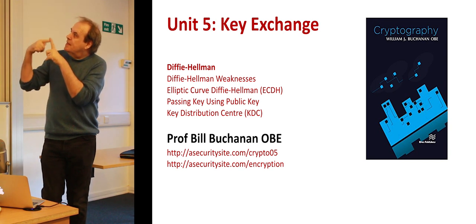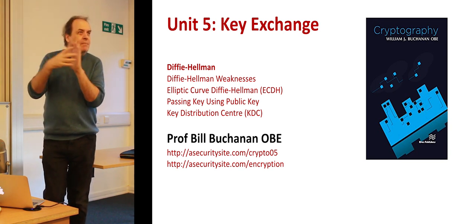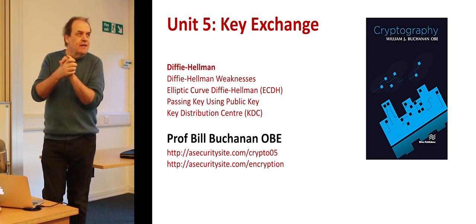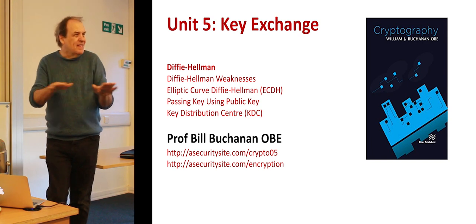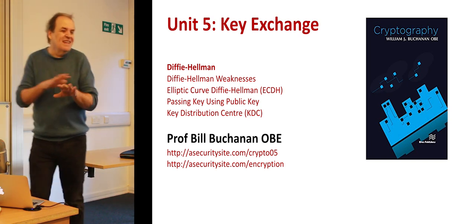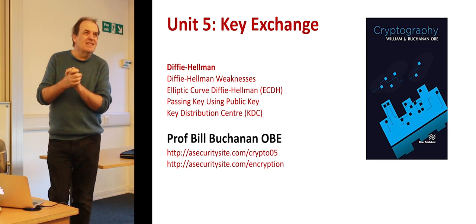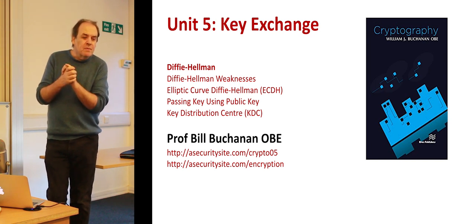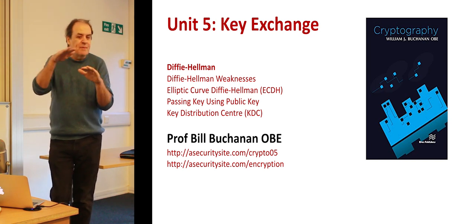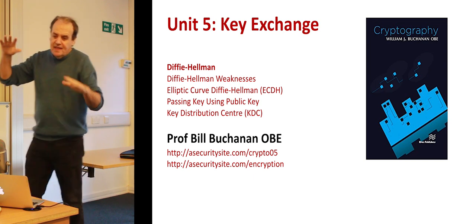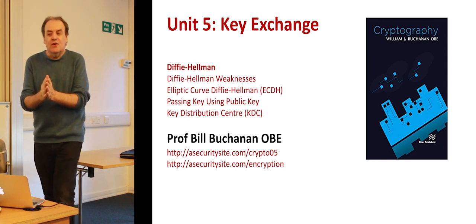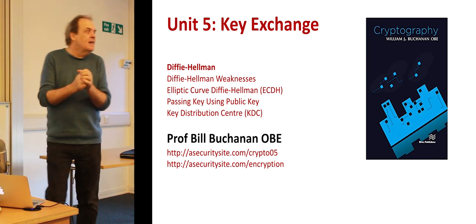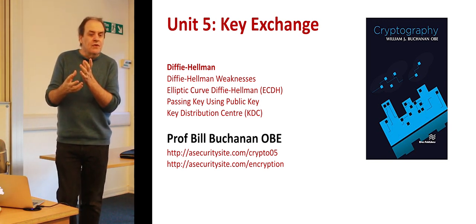And finally, we'll look at how we can pass a key using public key encryption. But I highlight that TLS 1.3 has dumped that method, and we'll see why that's the case. So if possible, always upgrade to TLS 1.3 from TLS 1.2. Then finally, we'll look at what are called key distribution centers, and it should be relevant to your coursework.